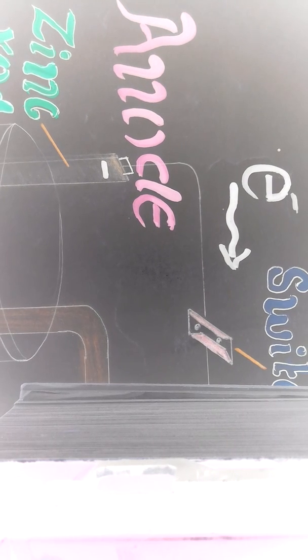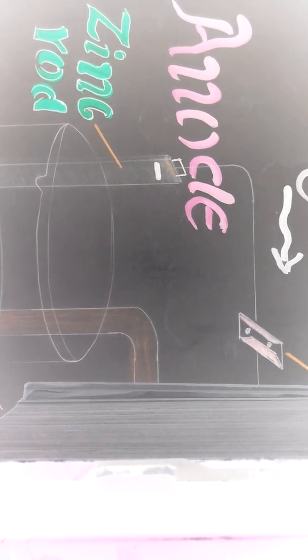This solution is a 1 molar solution, and this whole arrangement is known as the zinc electrode. This is the container, and in the container there is ZnSO4 solution and a zinc rod is dipped. This is a very simple diagram, and we can understand the electrode from it.